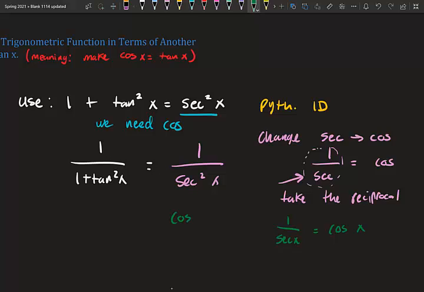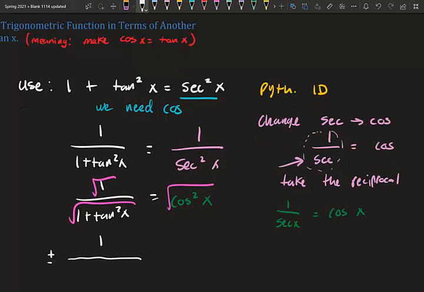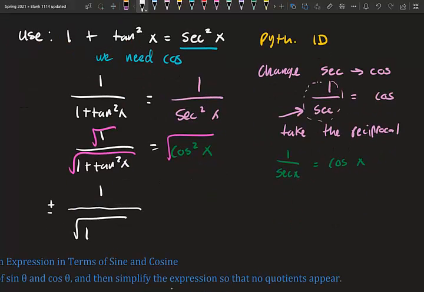So we have cosine squared x, and that equals 1 over 1 plus tangent squared x. Now we don't need cosine squared, we just want cosine, normal single cosine. So to get that, we take the square root. So we have plus or minus 1 over the square root of 1 plus tangent squared x. We can't simplify that because of the 1 and the plus in between. And that equals cosine x.